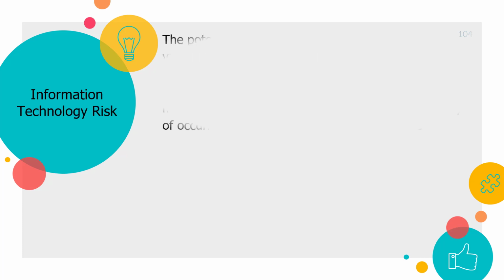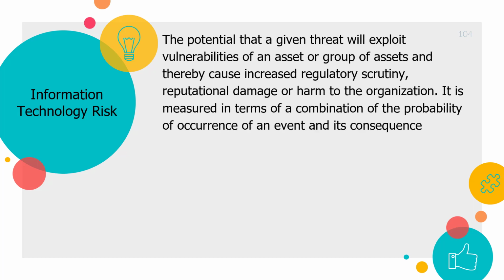Information technology risk, which is the potential that a given threat will exploit vulnerabilities of an asset or group of assets and thereby cause increased regulatory scrutiny, reputational damage, or harm to the organization. It is measured in terms of a combination of the probability of occurrence of an event and its consequence.